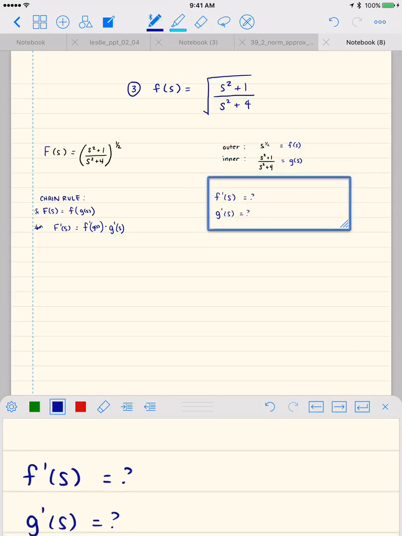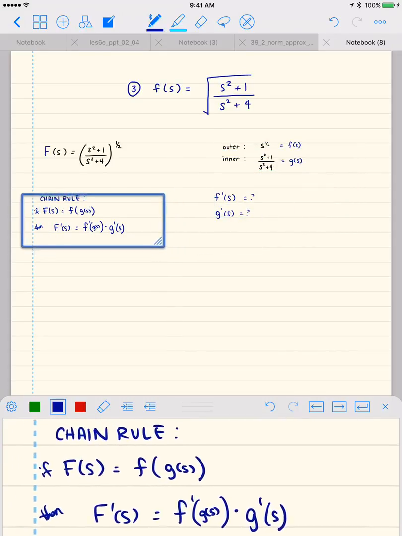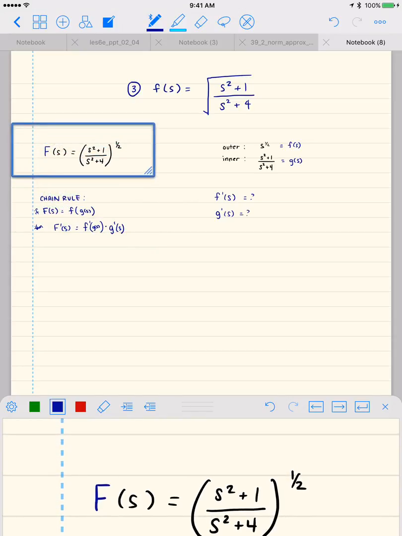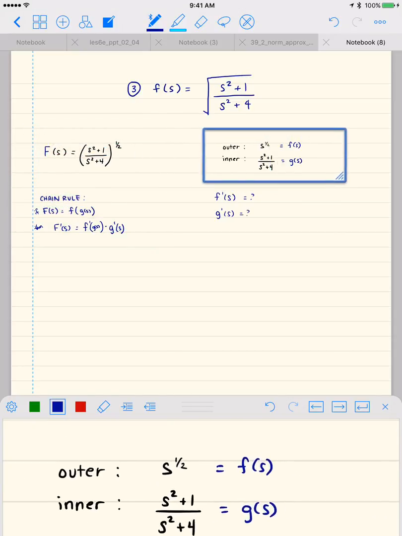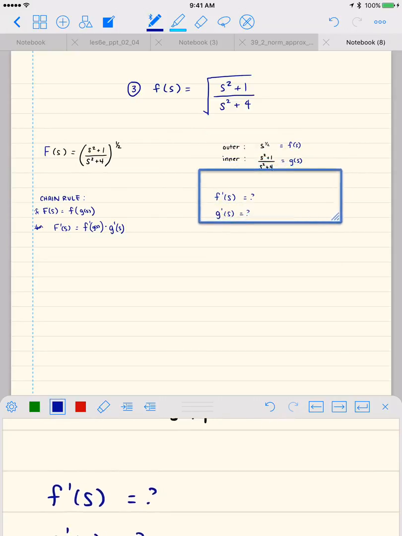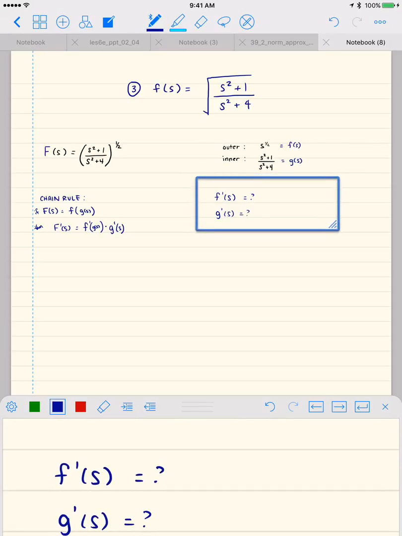And then once I have f prime and g prime, I'll be able to put them into my formula for the chain rule and get the derivative of this function that I want. Okay, so my outer f of s is s to the 1/2. I can use my power rule to get that f prime is equal to 1/2 s to the negative 1/2.